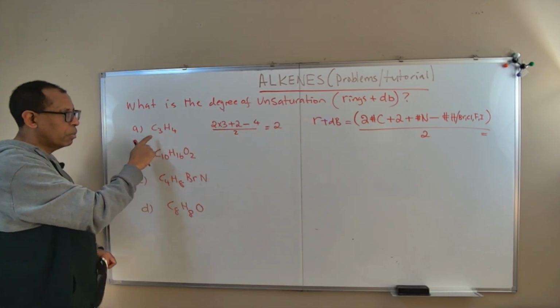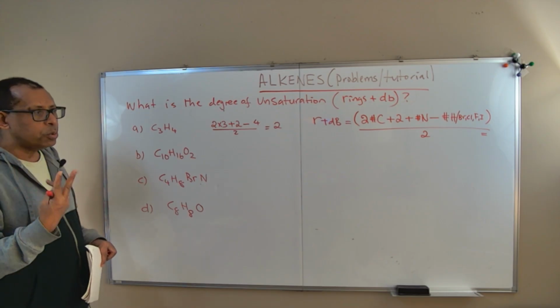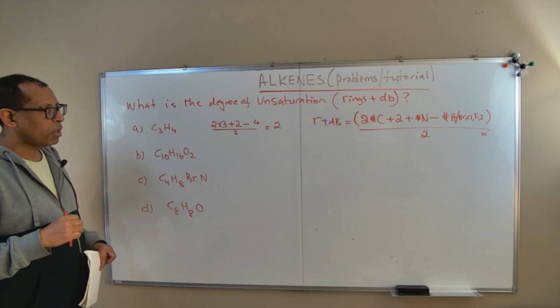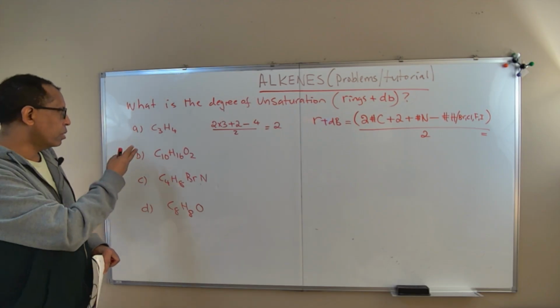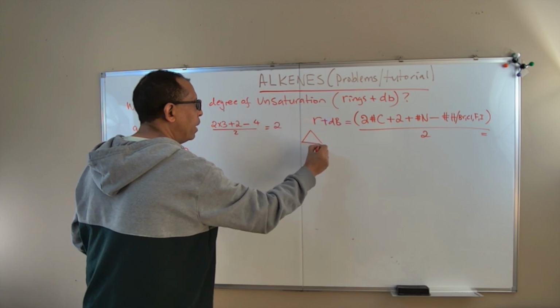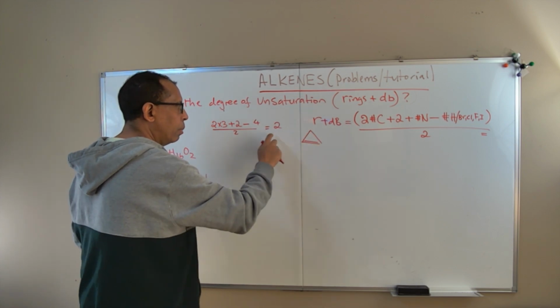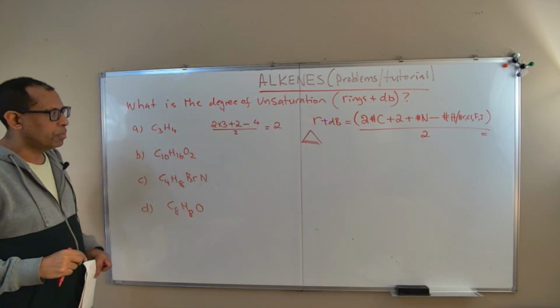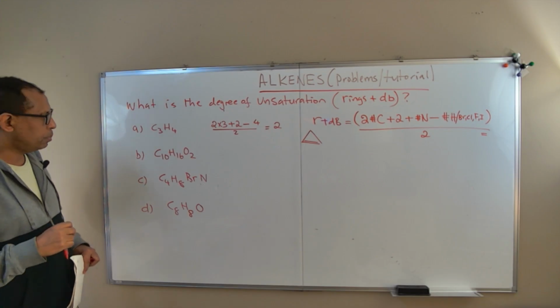So this formula, C3H4, can have 2 degrees of unsaturation. I can propose, for example, a structure such as this cyclopropene. It has 1 ring and 1 double bond. That's 2. It could be all rings, it could be all double bonds.